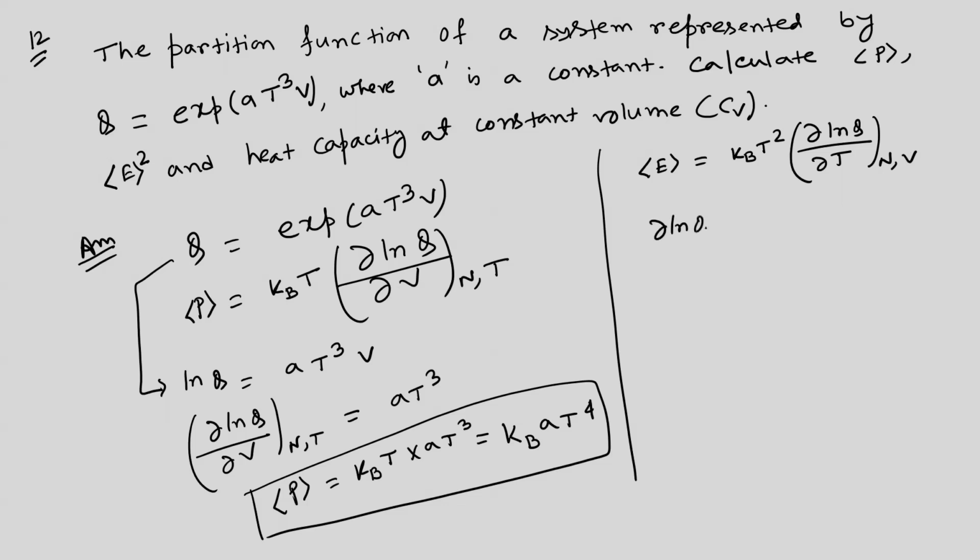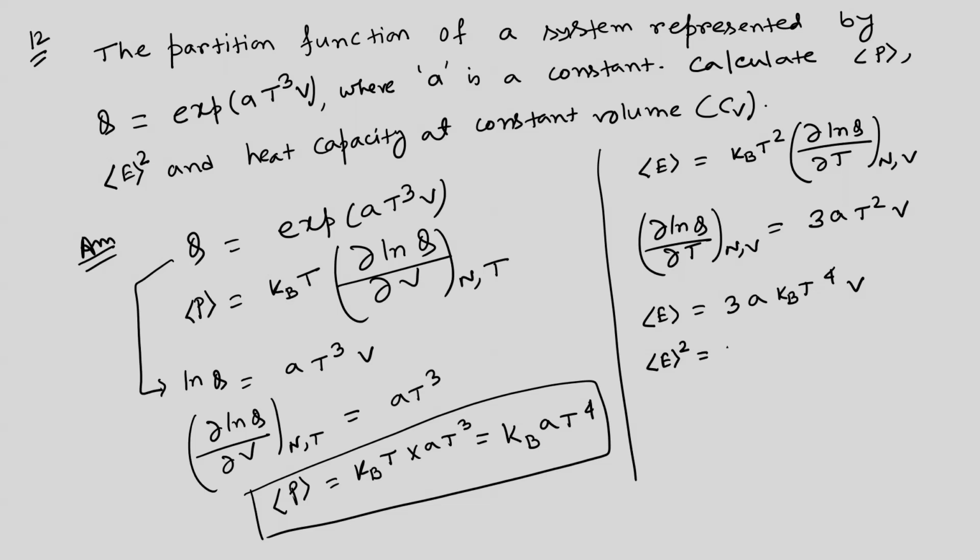So, del ln q by del T at constant N and V, we get 3 a T squared times V. So, average energy we are getting 3 a kB T cubed times V. Once we get the average energy, we can calculate average energy squared, which is nothing but 9 a squared kB squared T to the 6 times V squared.